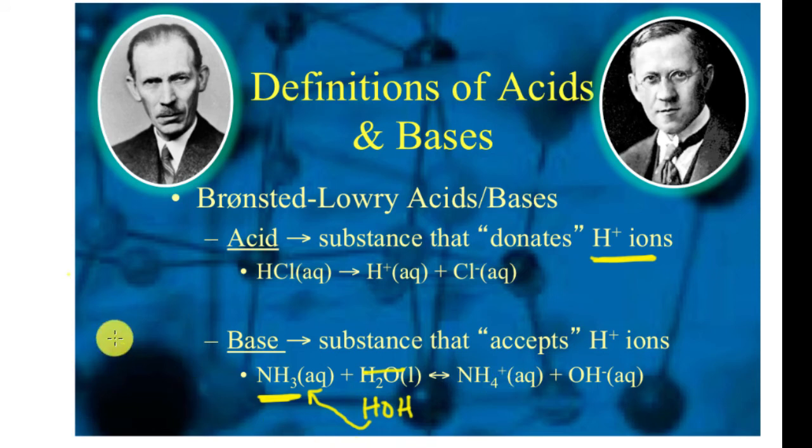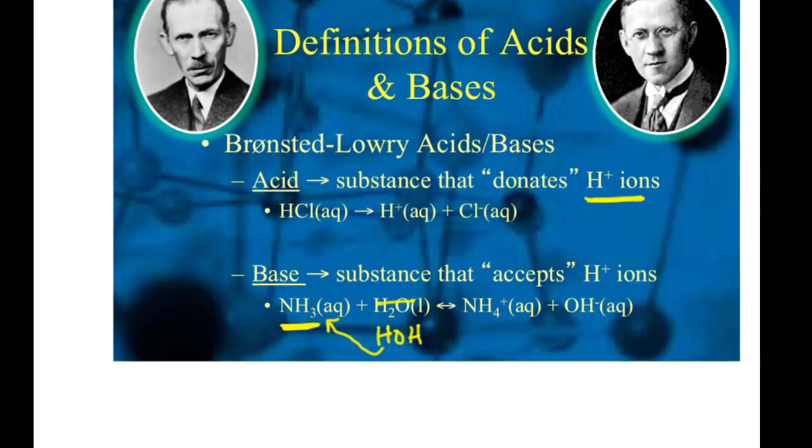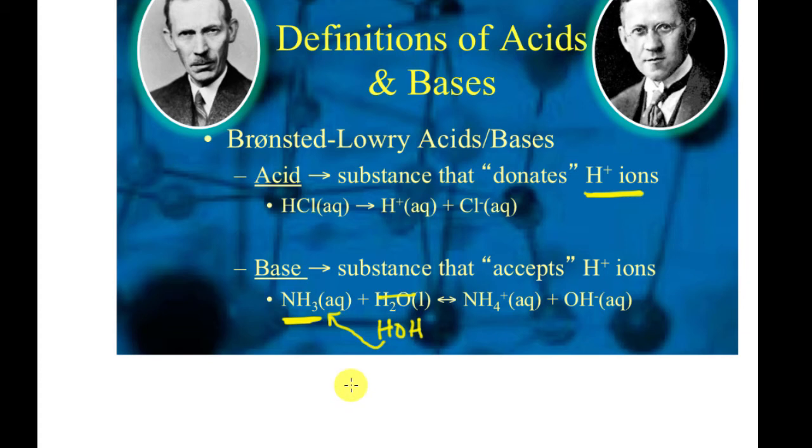So remember, it's a hydrogen ion that is moving from the water and going over here to ammonia. So that's why it has a positive charge, and we get an extra hydrogen on here. As a result, what's left over is that OH, and it has a negative charge. This is what makes it a base.